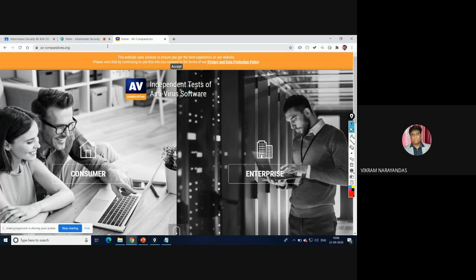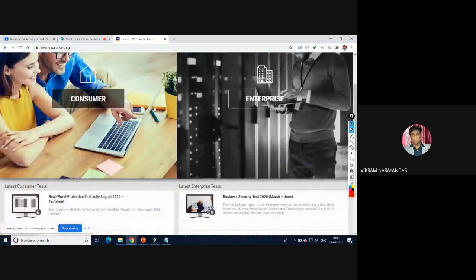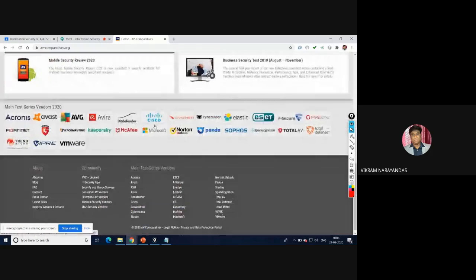You can find some antiviruses there and check them. As of now, we can use Bitdefender, K7, Kaspersky. Some of them are performing well.